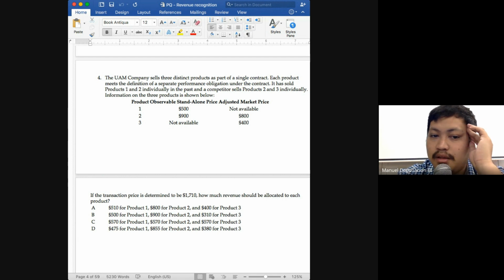So that would be 855. For product 3, what fraction are we going to use? 400 divided by 1,800, multiplied by 1,710. Hopefully that is 380. So again, the answer for number 4 is letter B.